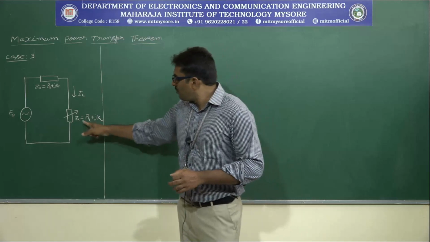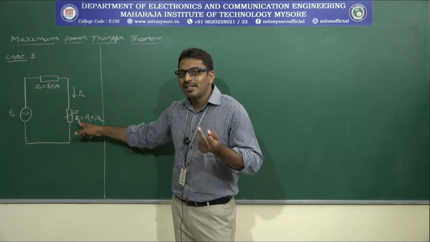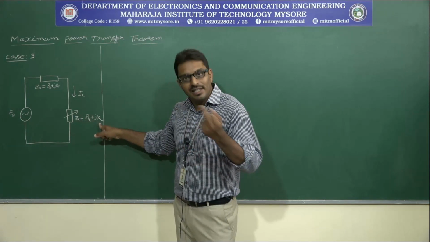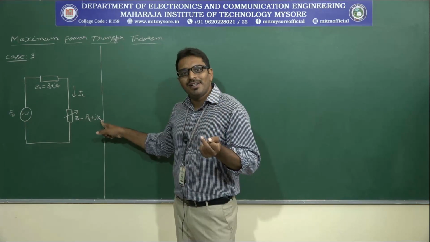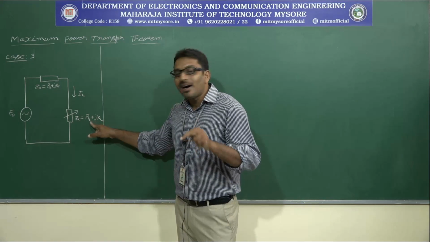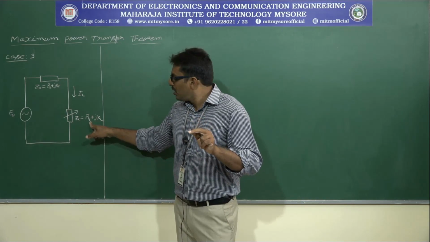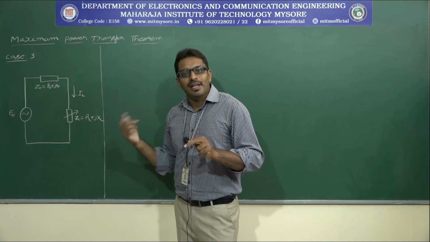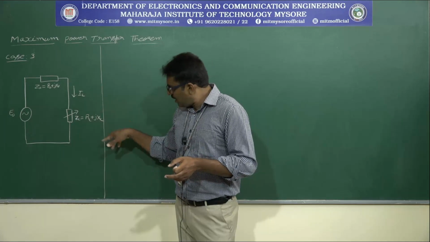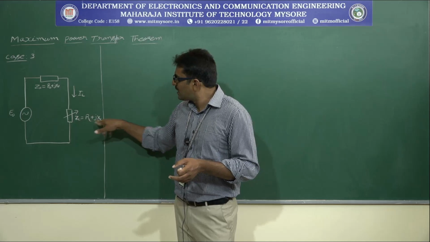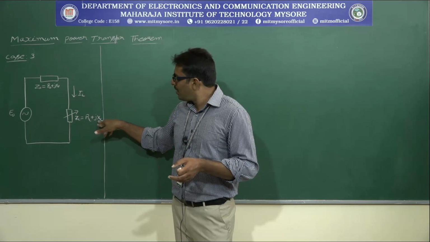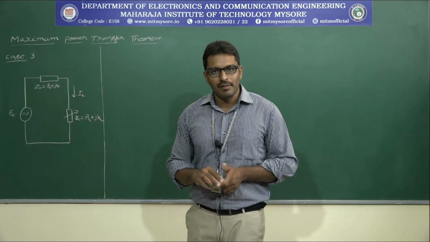I mean entire ZL is variable, which means both RL and XL is variable. Next one, only XL is variable. Next one, only RL is variable. But anyhow, RL and XL both are variable means it is nothing but indirectly we are substituting, directly we are substituting these cases. One is XL is variable, other one is RL is variable.